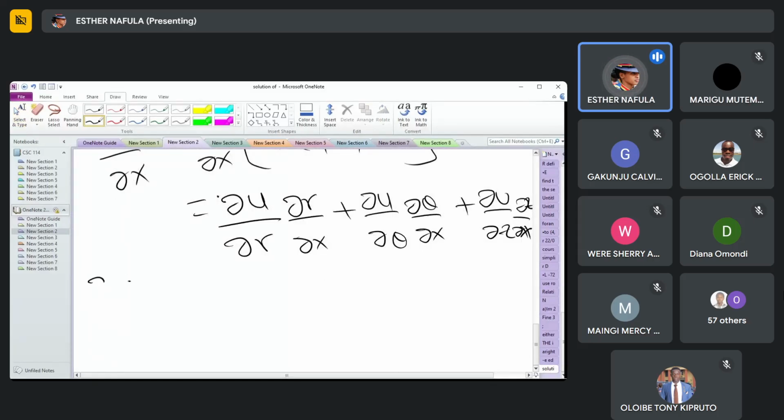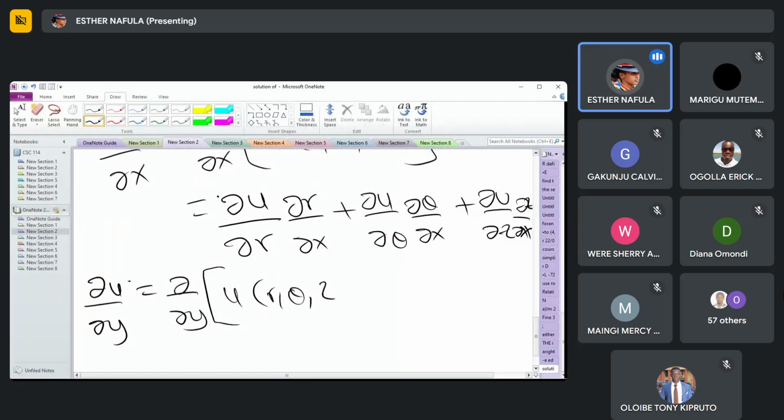Similarly, our partial u, partial y will be partial y of u, which is a function of r, theta, and z.